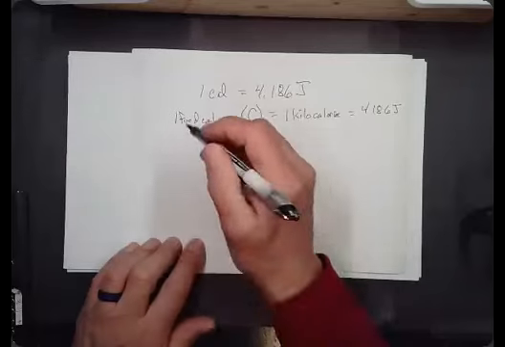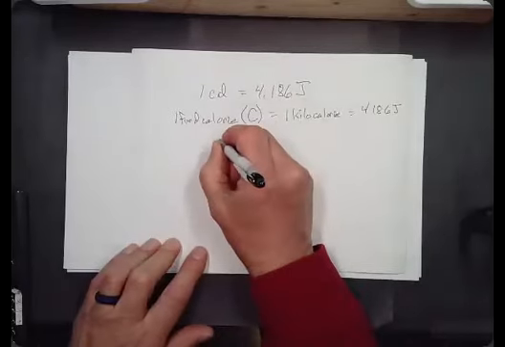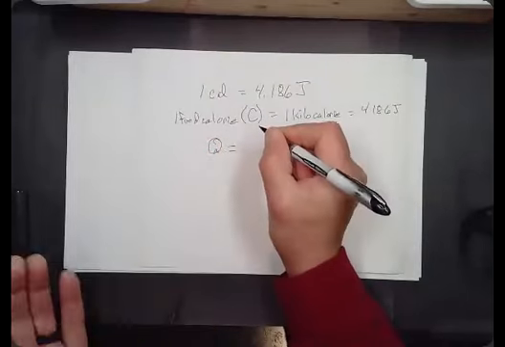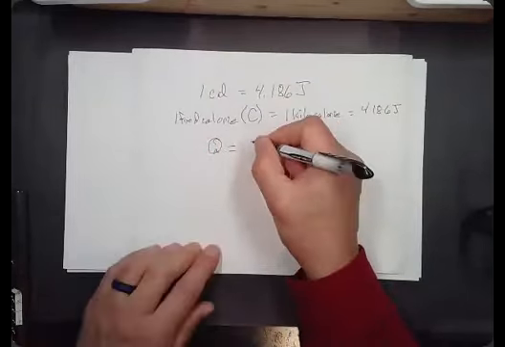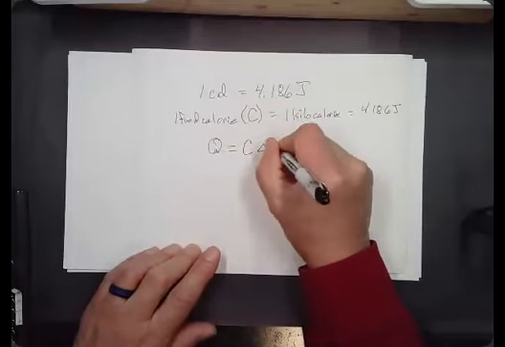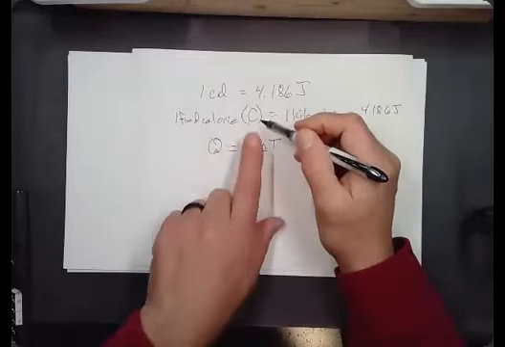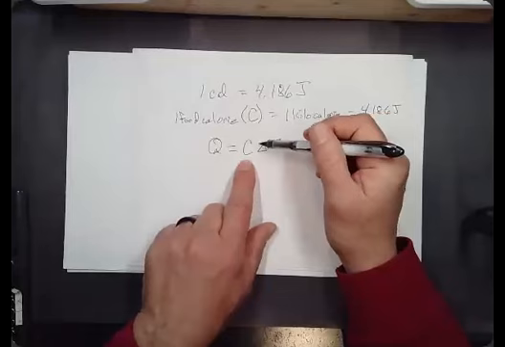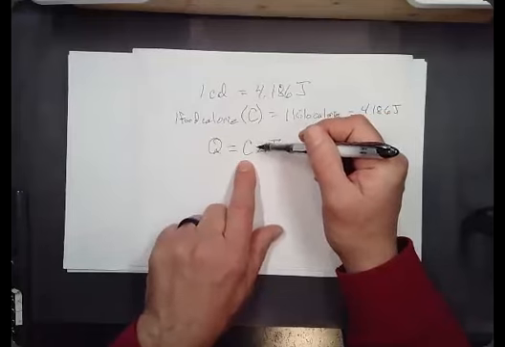But for the most part, if we talk about the heat required for some particular temperature increase, it might be capital C delta T. And this capital C isn't standing for a food calorie. It's standing for the heat capacity of some system that you're heating up.